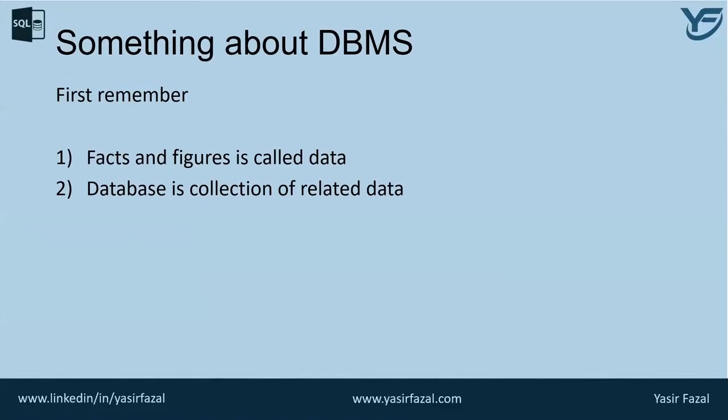A database management system stores data in such a way that it becomes easier to retrieve, manipulate, and produce information. There are some properties, the first one being ACID properties. A stands for atomicity, C for consistency, I for isolation, and D for durability.